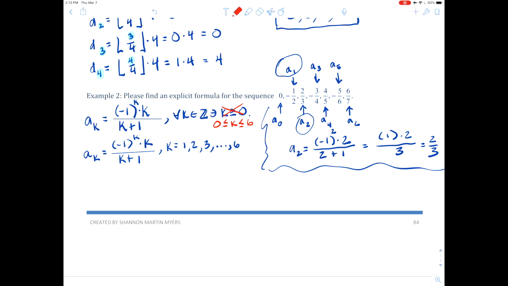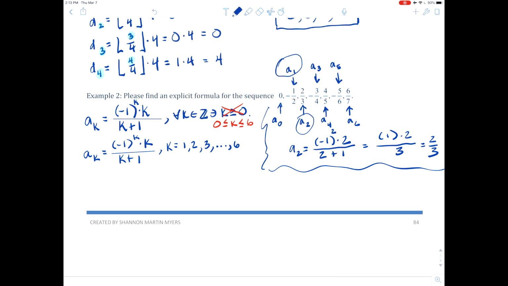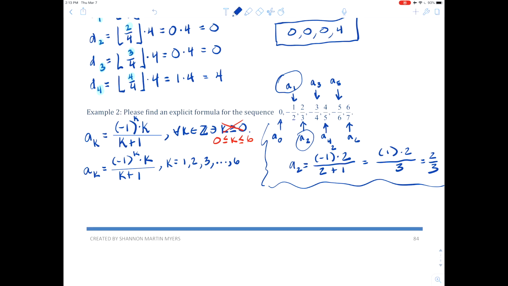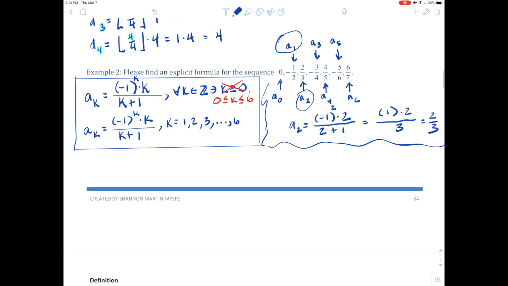Cool, cool? All right. So let's keep going. So here, either one of these would work out just fine, right? So I'll just box both of them with our little adjustment here. And let's move it along.